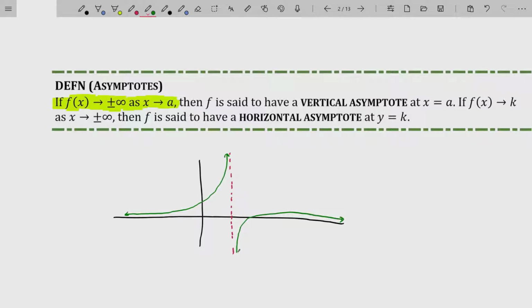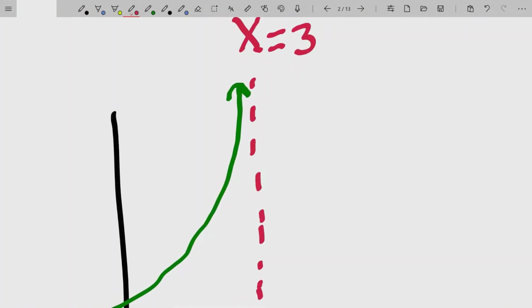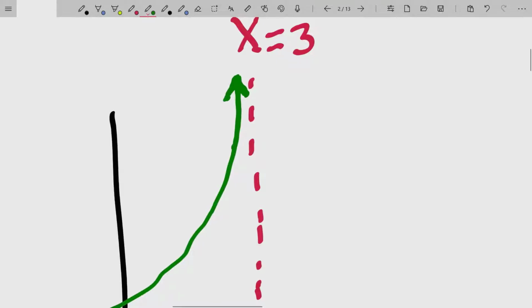If I say that red line happens at x equals, let's say 3, then because the function that I've drawn is going toward infinity, the y values are climbing without bound as x gets really close to 3. Those y values just keep climbing up. That means that x equals 3 is a vertical asymptote by definition.